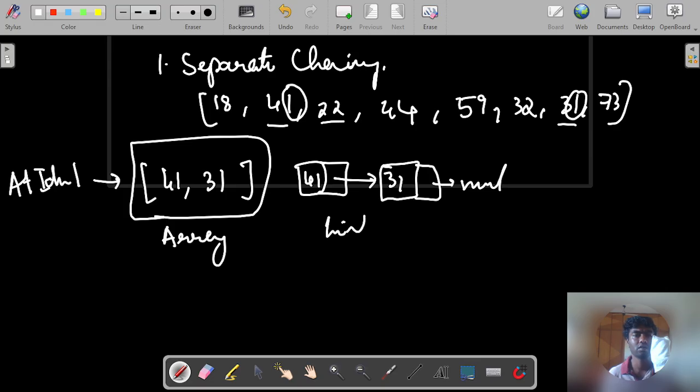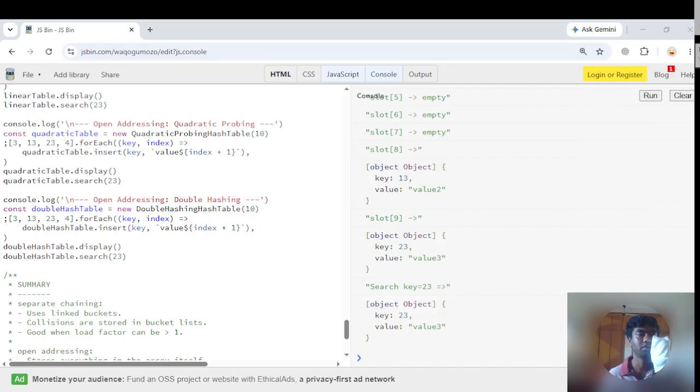So this can happen, right? So that's a simple way of collision resolution with separate chaining, where if we see a collision at an index, then we simply create an array of items or a linked list, right? So let me switch to JSPin and let's see the code example for this.